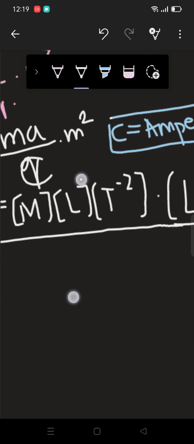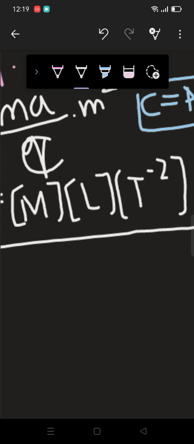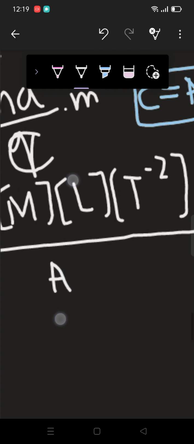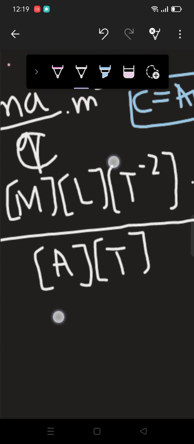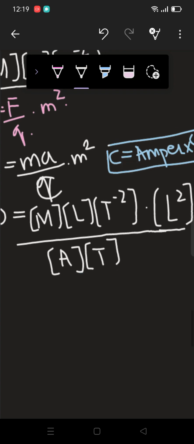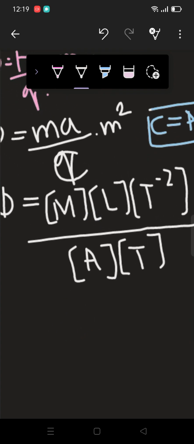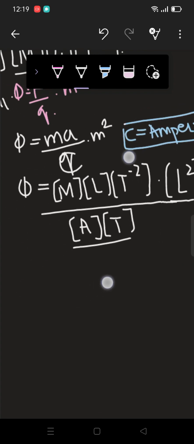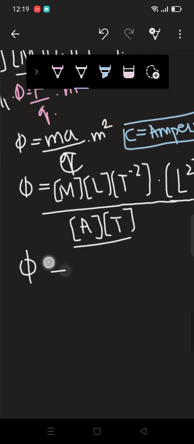So ampere into second, which means I can easily write A and second as T. A is representing here the ampere, and T is representing the time, which is second.